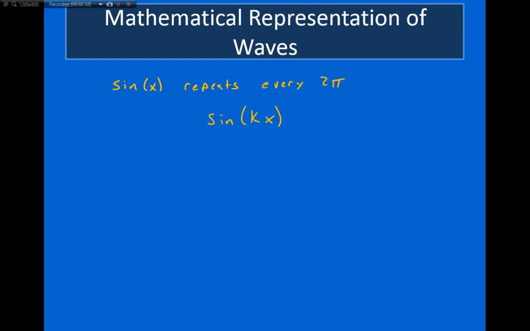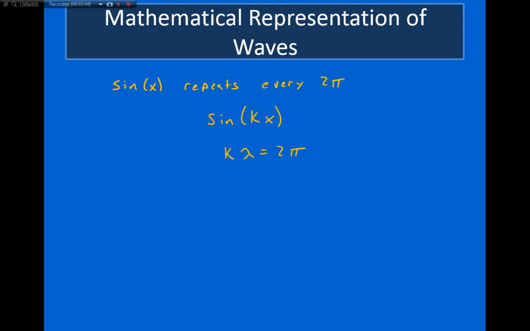Well, sine of x repeats every 2 pi, so sine of kx repeats when kx changes by 2 pi. So what I want is k times lambda to equal 2 pi, because when x changes by lambda, I want the product k times x to change by 2 pi, so that my function repeats every wavelength instead of every 2 pi.